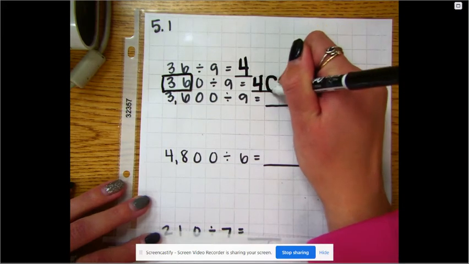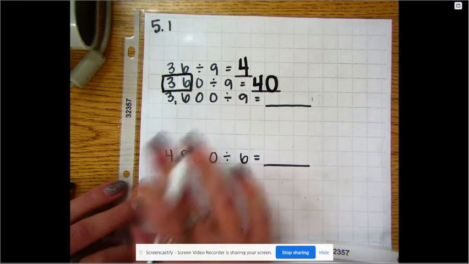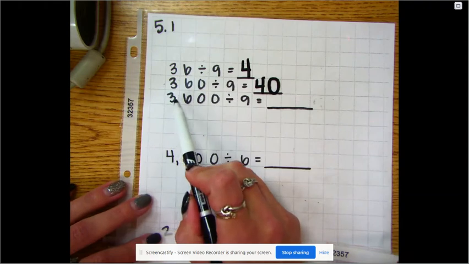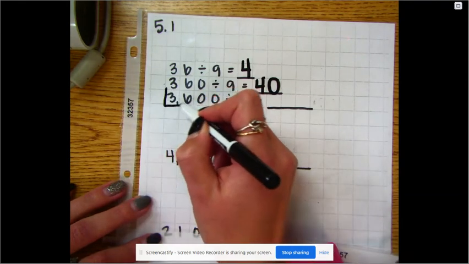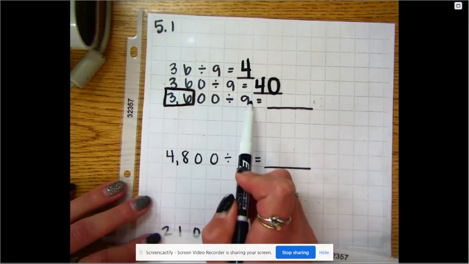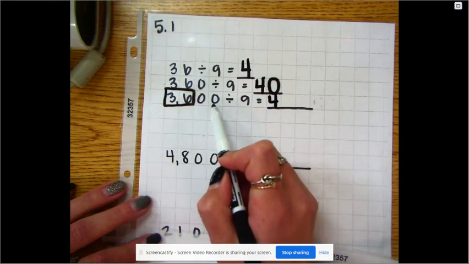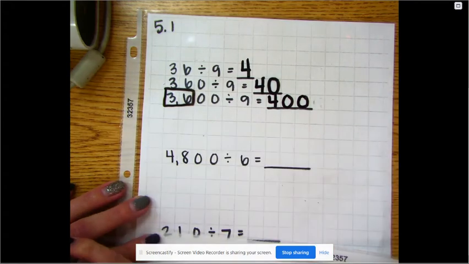So I'm going to add 1 zero at the end. The next one, I don't know what 3,600 divided by 9 is, but I do know that 36 divided by 9 is 4, and I have 2 zeros left over, so I will have 2 zeros in my quotient.